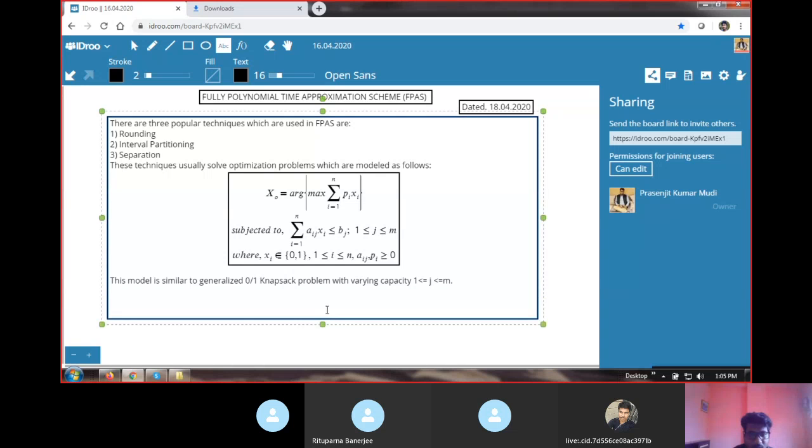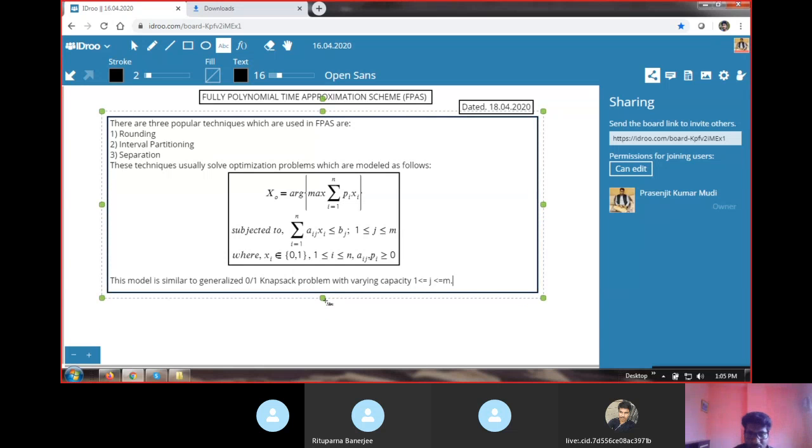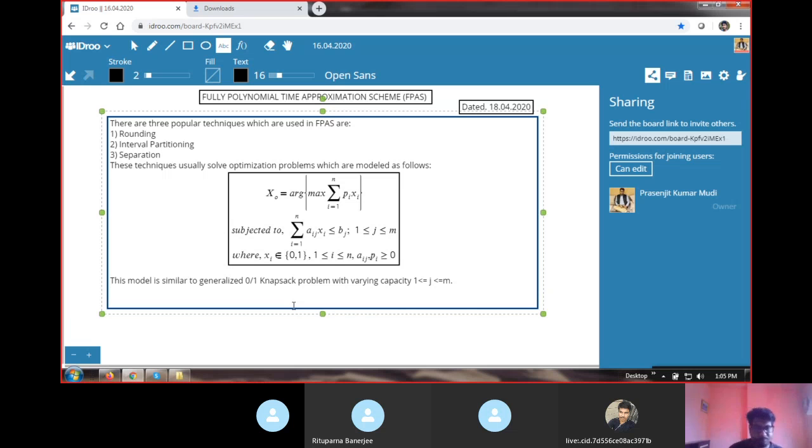Now this optimization problem can have a deterministic algorithm designed using dynamic programming.